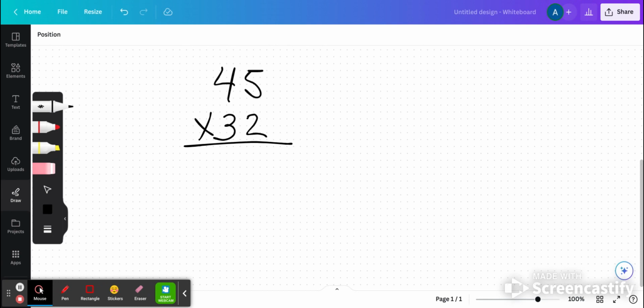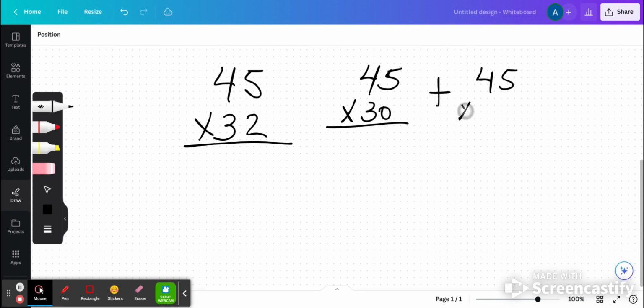Okay, so go ahead and pause the video and see if you can write your two new equations where you decompose 32. All right, let's see how you did. We're going to do our two equations, 45 times 30 plus 45 times 2.